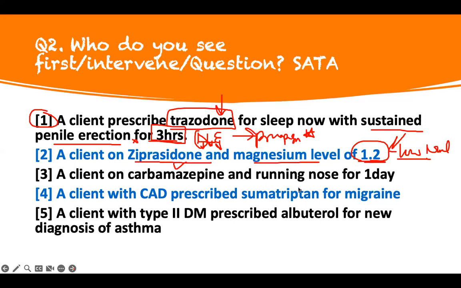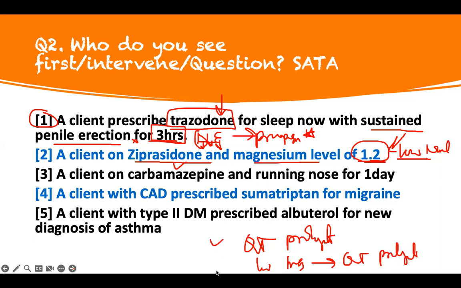Okay, what does ziprasidone do? It prolongs the QT. That's one side effect. And what does low magnesium also cause? QT prolongation. These two can potentiate the effect of QT prolongation.